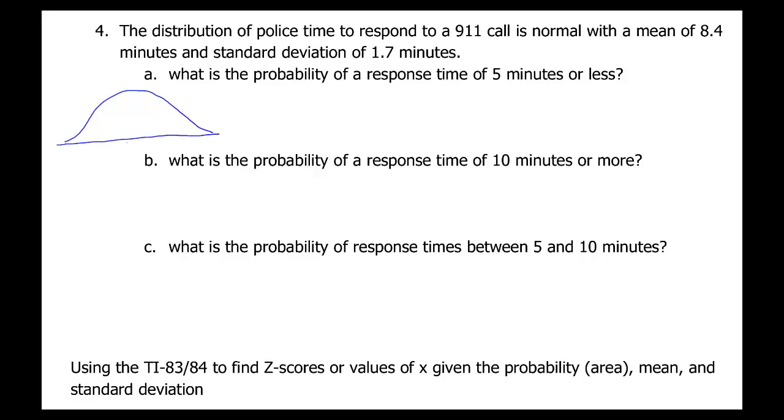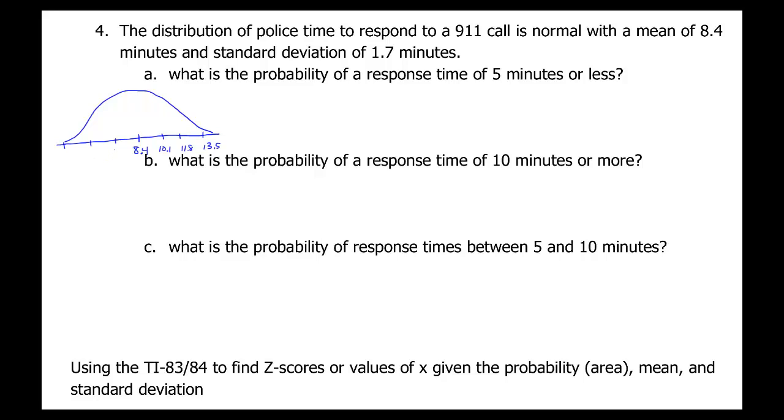But now instead of a standard normal where the mean is 0, we have a mean of 8.4. And the standard deviation is 1.7. And if you were to add 1.7 on 3 times, we'd get 10.1, 11.8, and 13.5 going this way.